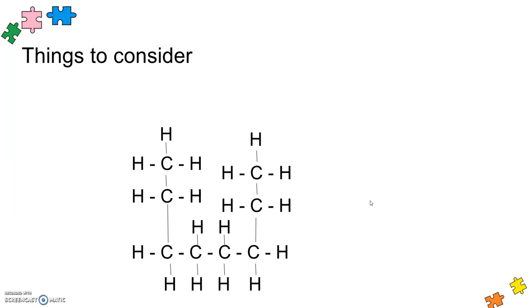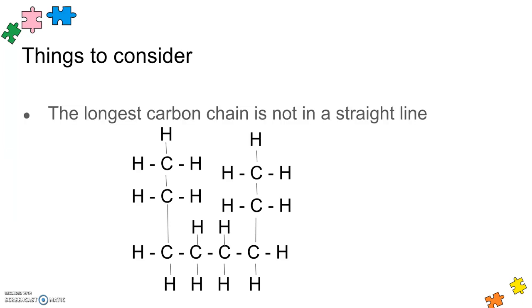Another thing that we must look at is that your longest carbon chain is not necessarily in a straight line. Let's look at this example. It appears as if this should be my carbon chain, but in fact, if I look at it carefully, can you see that all of these form one long chain? This is an alkane, only single bonds, so I can see that the longest chain consists of 1, 2, 3, 4, 5, 6, 7, 8 carbons.